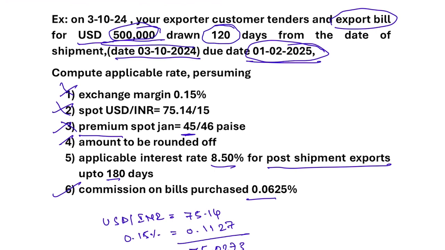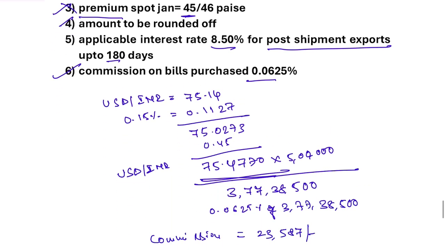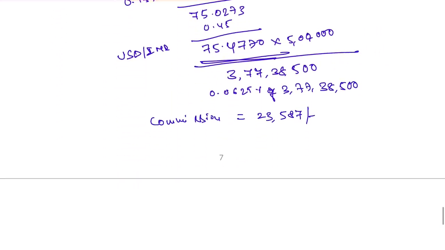Got it? 8.50 per annum, but we consider only 120 days, like a simple interest. If we consider interest rate for 120 days, what will happen? That is the interest amount, in and around, if we calculate it, 10,54,610 rupees.